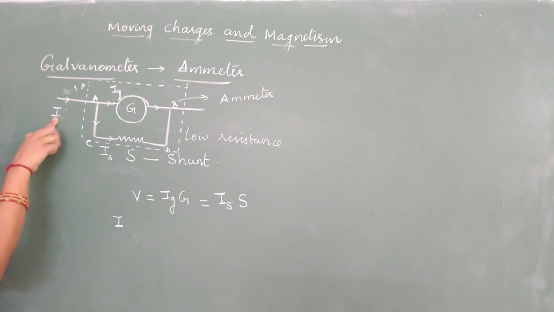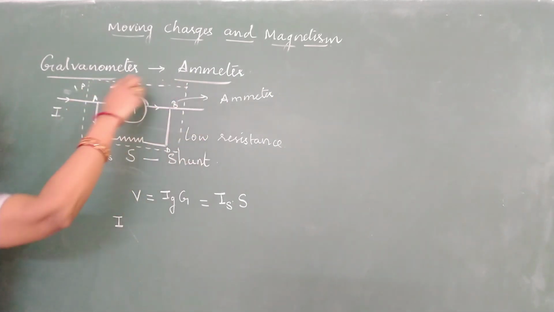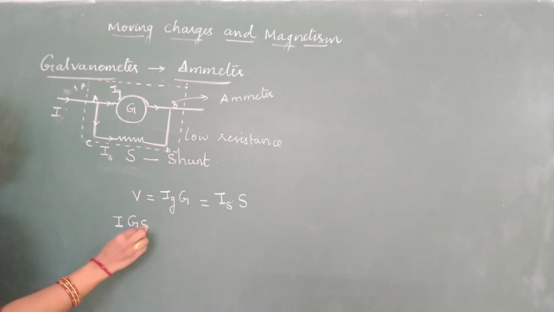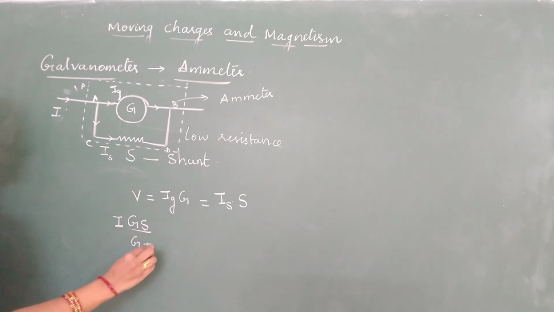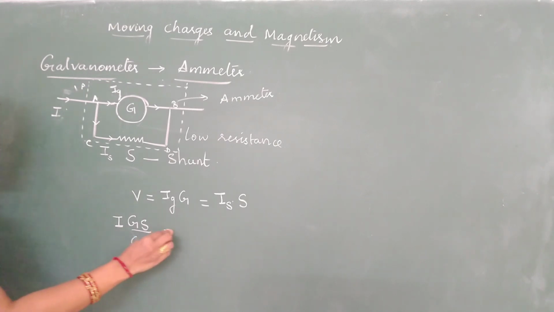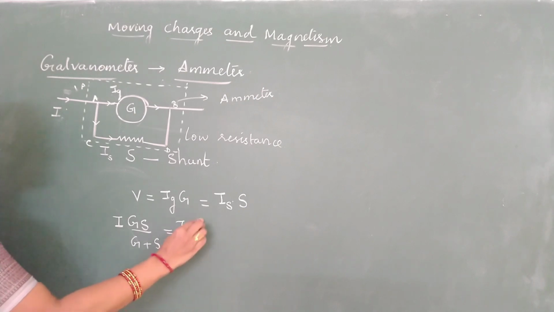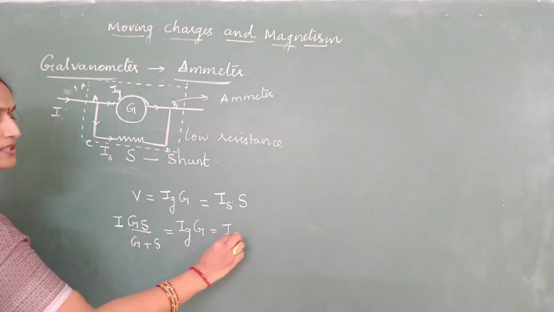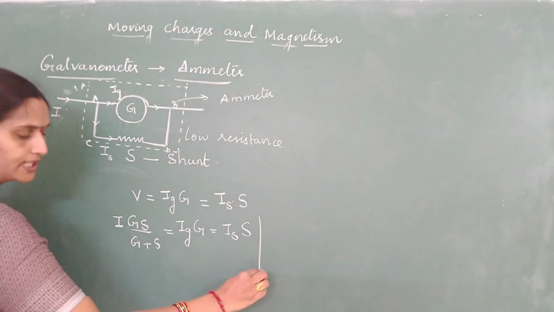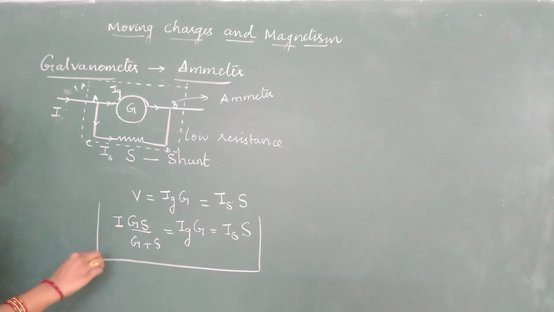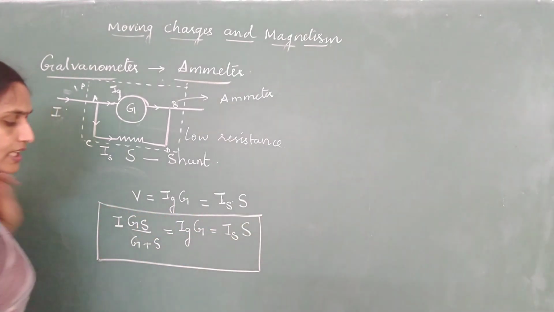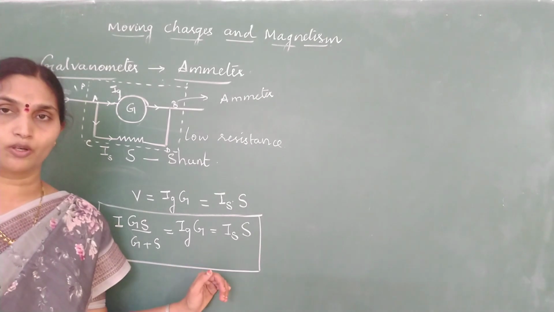The total current is I, and the total resistance is G into S by G plus S. So I into GS by (G plus S) is equal to Ig into G, which is also equal to Is into S. We will make use of this formula for calibrating the readings of the galvanometer.